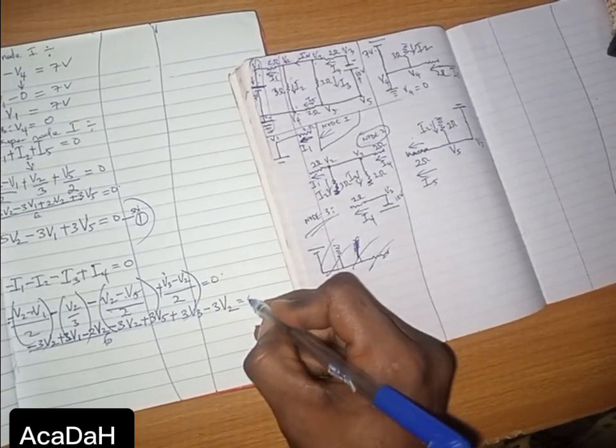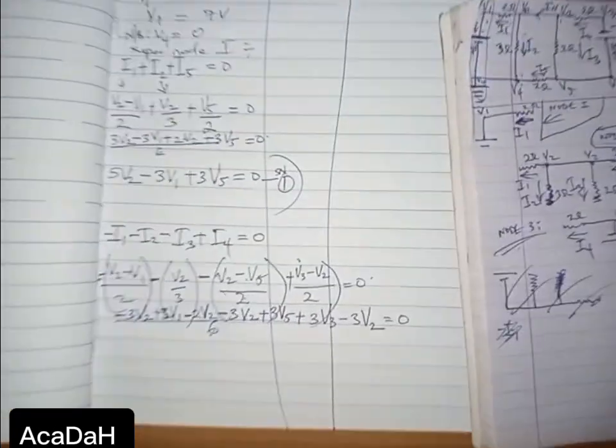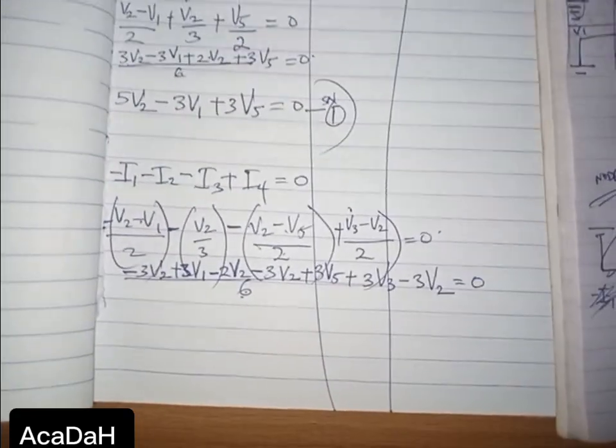This will come and times 0 equals to 0. So let's not make any mistake. Let me check this before we continue.